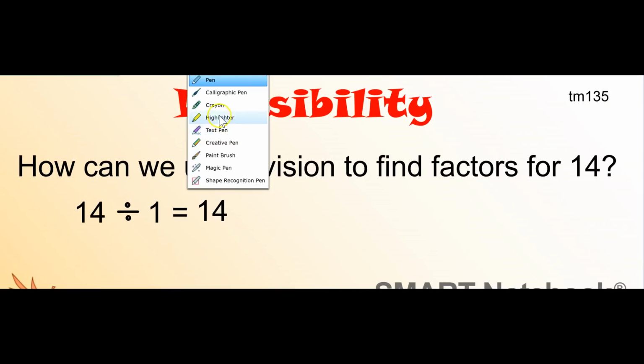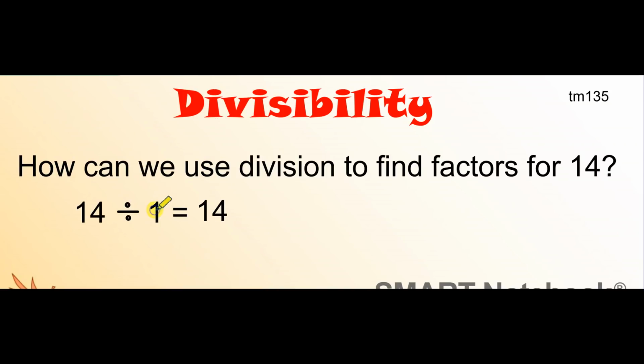That makes 1 and 14 factors of 14. Let's go to 2. 14 divided by 2 equals 7. That makes 2 and 7 factors of 14.